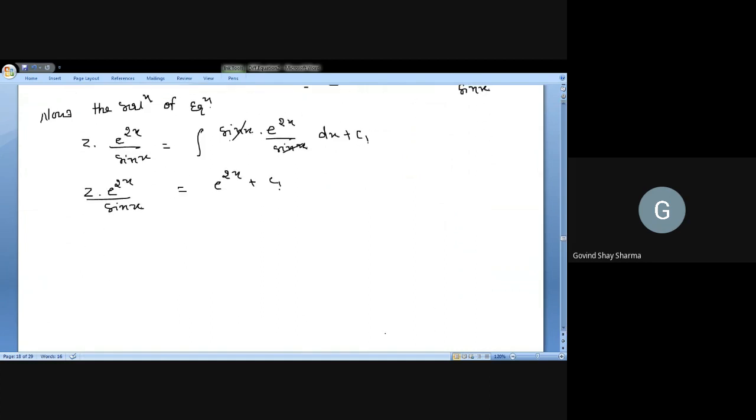Now z is equal to dv upon dx. So we can write here that z is equal to e to power 2x sin x upon e to power 2x plus c1 sin x e to power minus 2x.